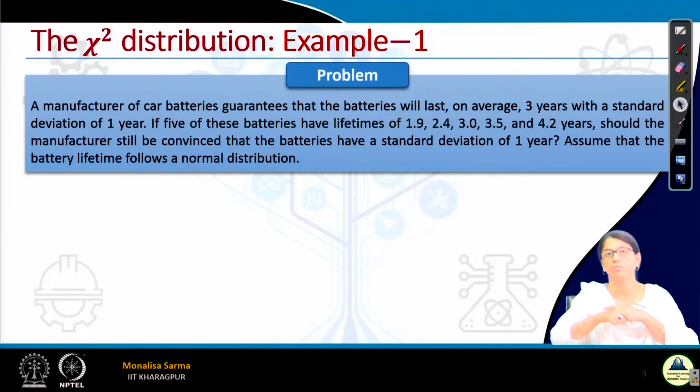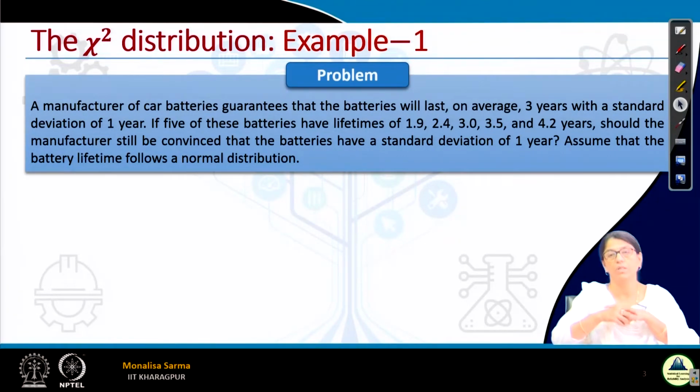Chi-square distribution we use for the sampling distribution of variance, like the sampling distribution of mean, we have the sampling distribution of variance. Why is it used? We use it to infer something about the population variance. Usually it is mostly used in the food and beverages industry, where quality is of paramount importance, and we need to find out how much variance there is from the specified volume or the specified weight.